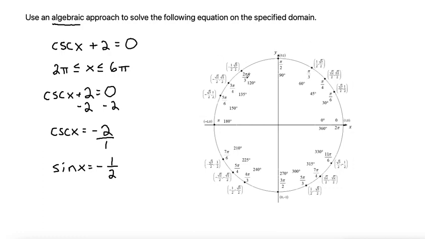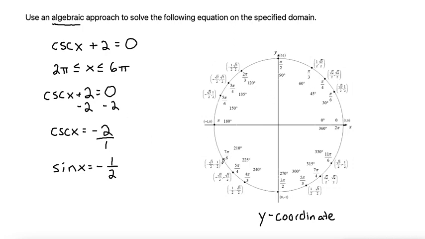But just looking at this unit circle, let's see how we might be able to find that. Keep in mind that sine is the y coordinate. The y coordinate on the unit circle is the sine. So we're looking for where the y coordinate is equal to negative 1/2.